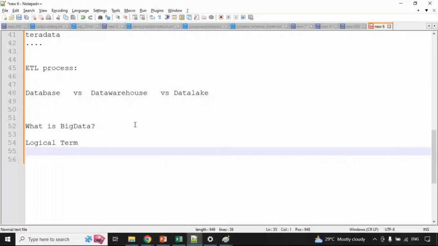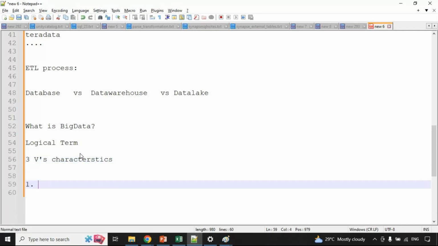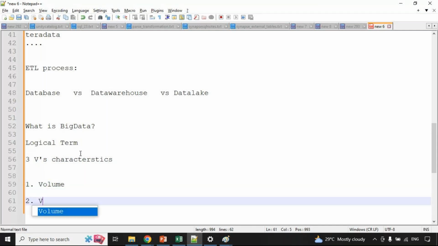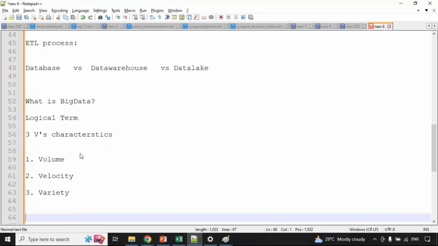Big data mainly relates to three V's, three characteristics. Some people say 7 V's or 5 V's, but the main V's are volume, velocity, and variety.